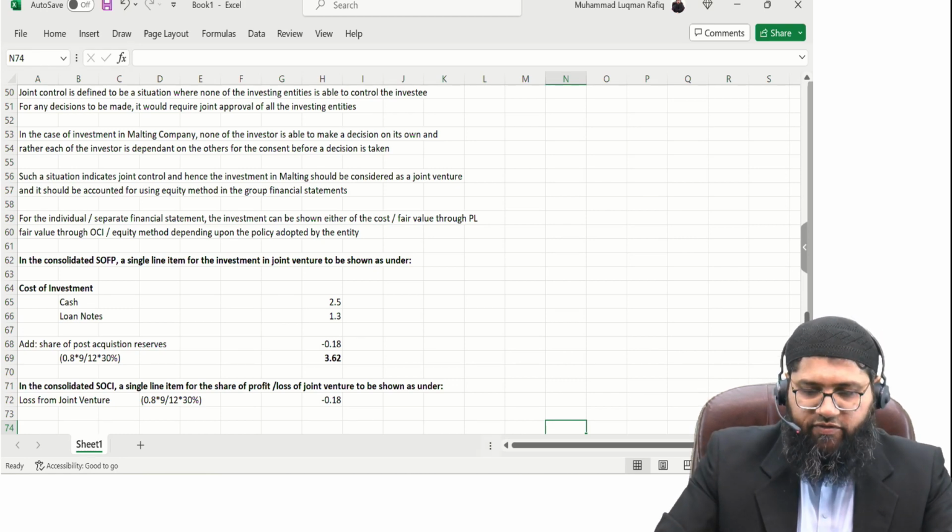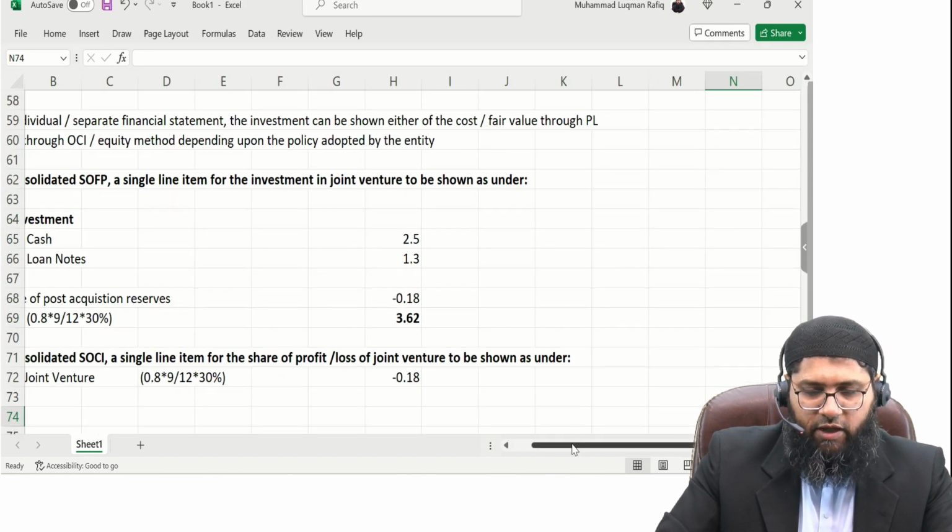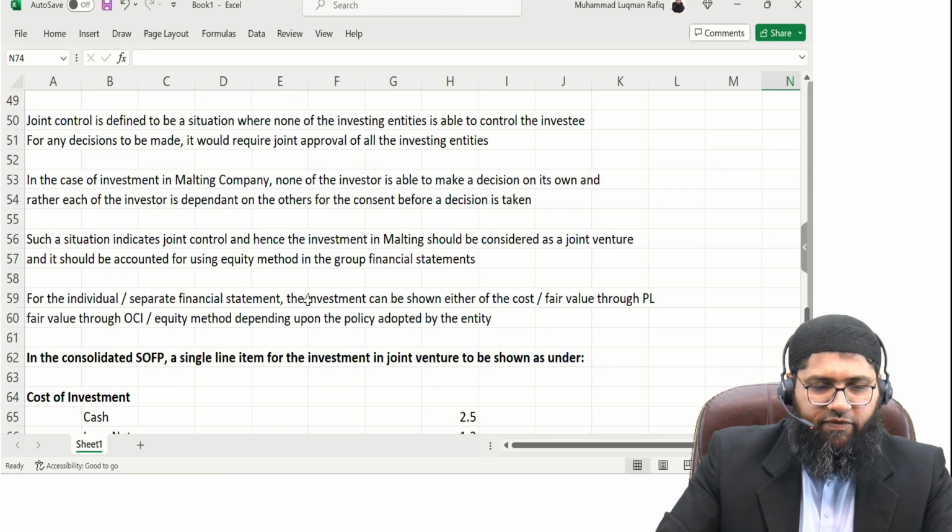Okay, yeah, that's what I was just thinking, that it won't be visible, but I think now it's going to be visible. See if it is visible now.